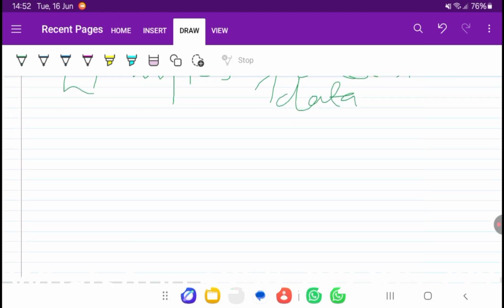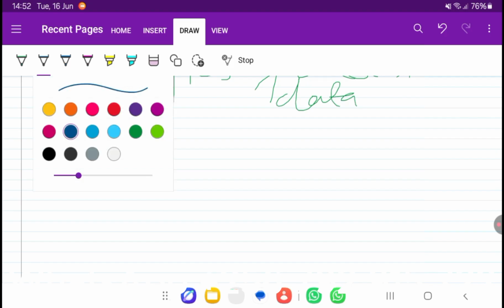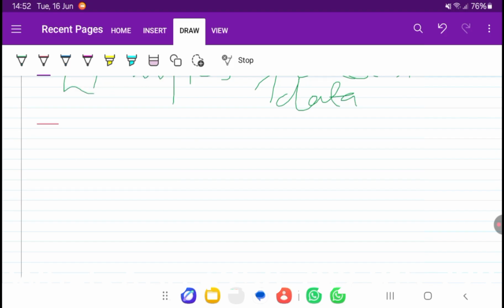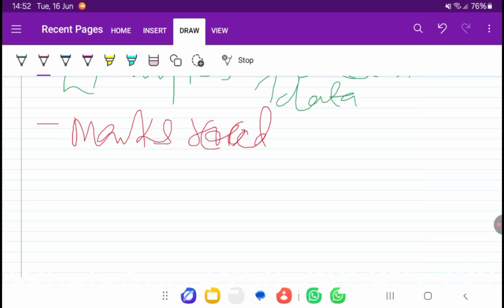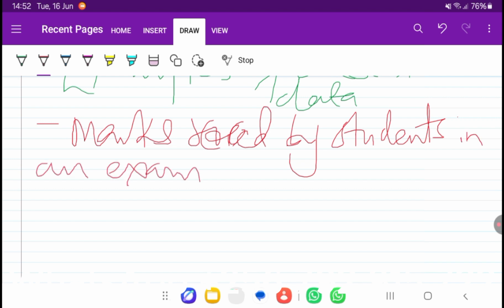So we need to know some of the examples. Number one, we can get maybe marks scored by students in an exam. Those represent discrete values.